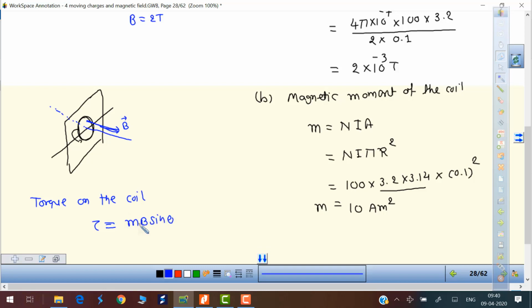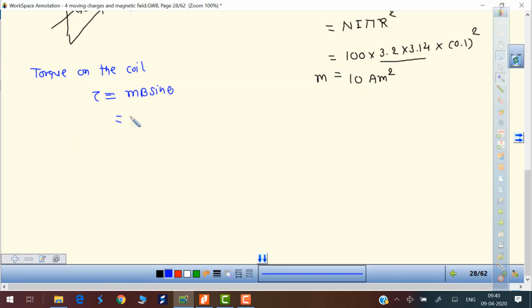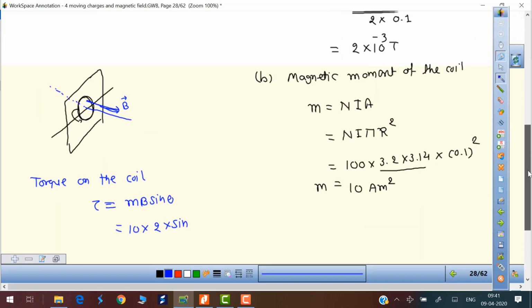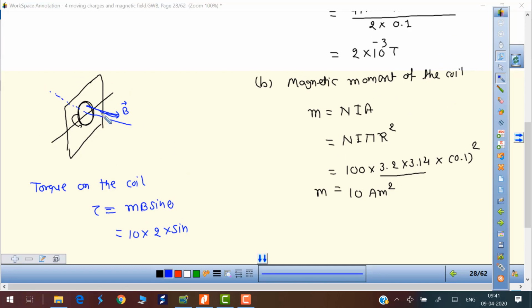If M is not calculated here, then N I A B sine theta. So we put its value, 10 into B is 2 Tesla, and sine, what is the angle between these two?